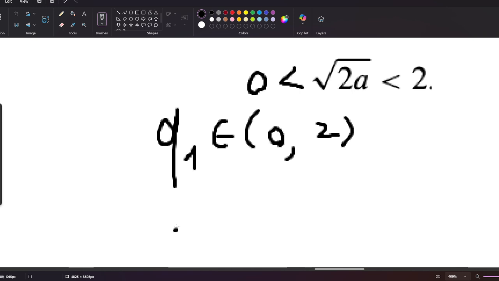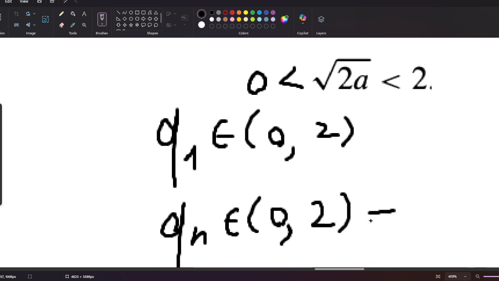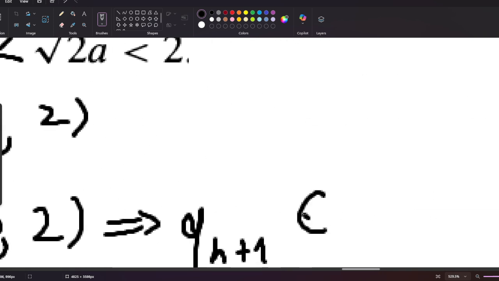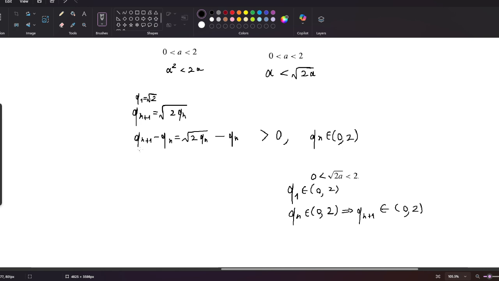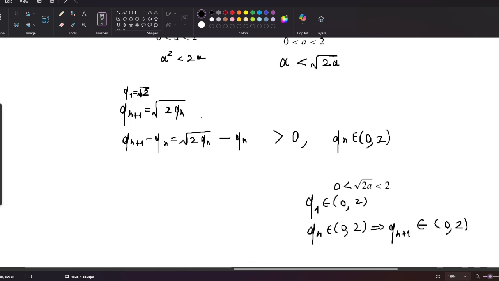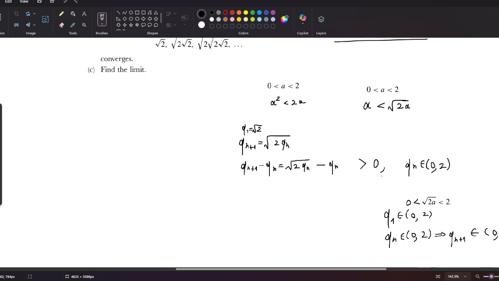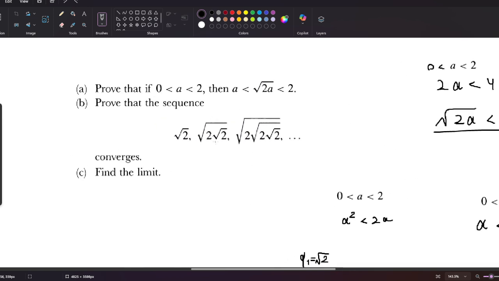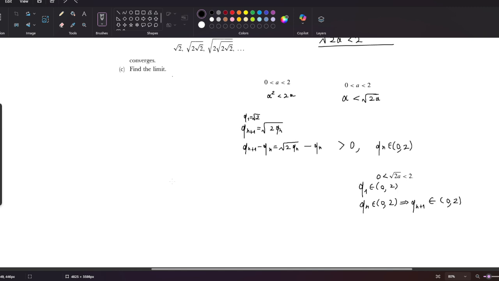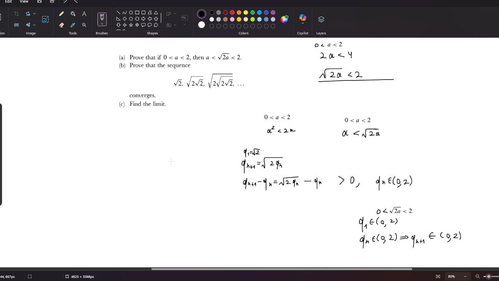And if Qn lies in (0, 2), that implies that Qn plus 1 also lies on this interval. So essentially, we know that this sequence is always increasing, but it's also bounded. It's bounded by 2. So, you know what it means? That means that the sequence converges.